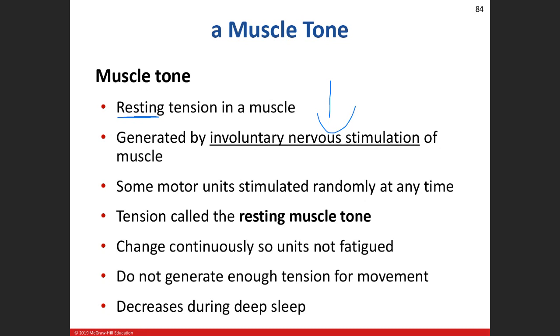So recruitment is occurring, but it's not enough to actually cause movement. It's enough that the muscle feels quite stiff. Now, REM sleep is the best time to assess your muscle tone, because it decreases quite a bit during that time.